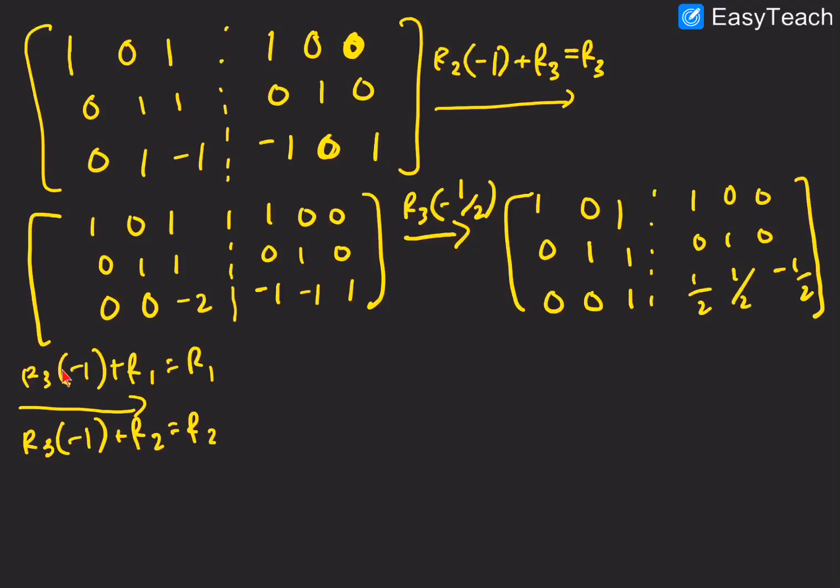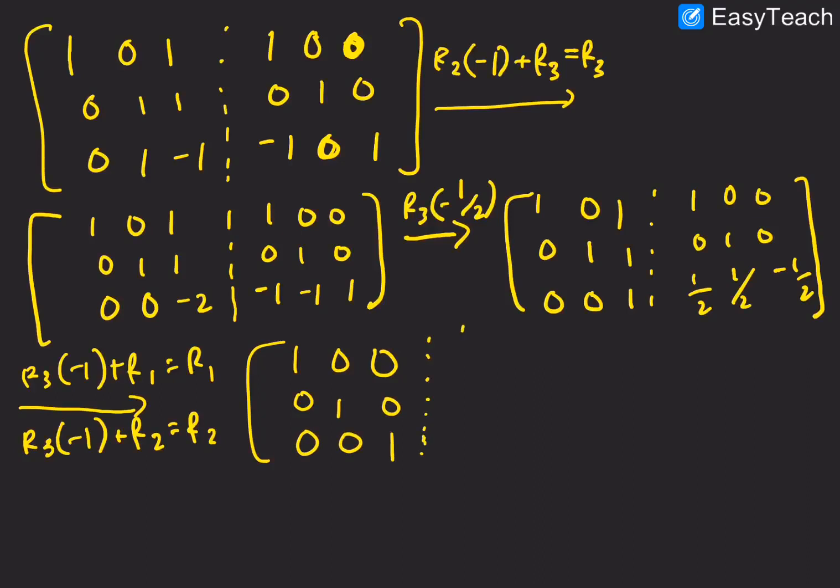So here we're changing R3, but what we're doing is really operating on R1 and R2. So 2 different rows, totally legal move to make. You're in the clear. So what we'll get from that is 1 0 0, 0 1 0, 0 0 1.